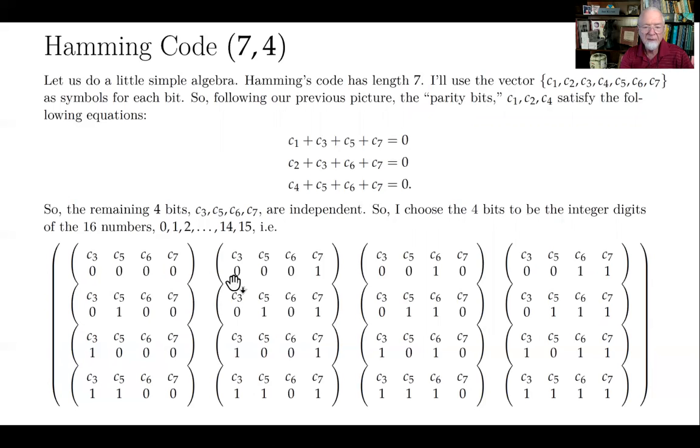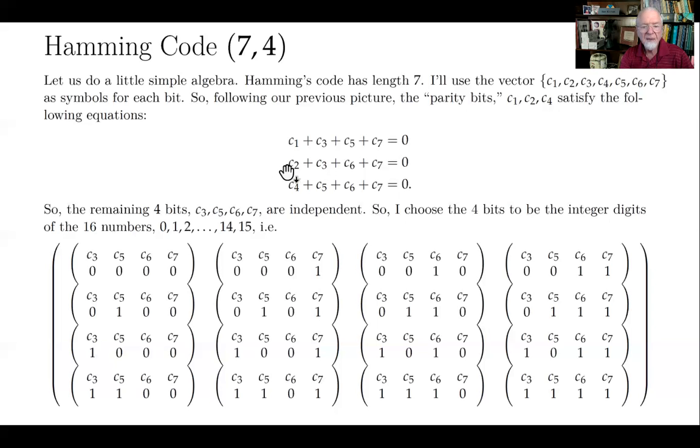If you take a look at this one, C3 and C5 are 0, so C1 will be a 1. Remember, this is modulo 2, so there's no negative results, only positive ones.